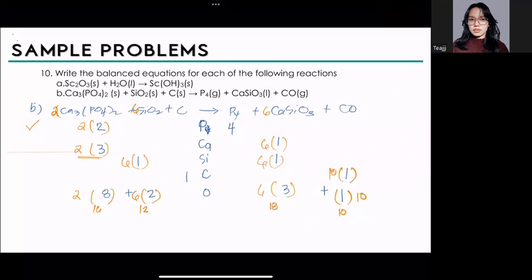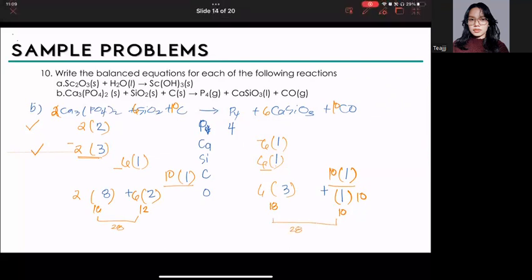So multiply yan by 10. So 10 yung dito. That means yung carbon natin para mabalance, multiply din natin ng 10. And there we go. Balance na. 6 on the left side, 6 the right, 6, 6, 10, 10, 28, 28. Now we're done.